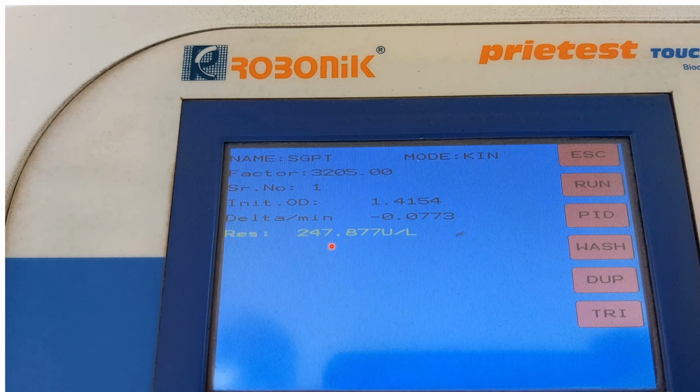So here you can see that the patient sample has 247.877 units per liter. So this is the final result of the patient's GPT activity. This can be reported now.